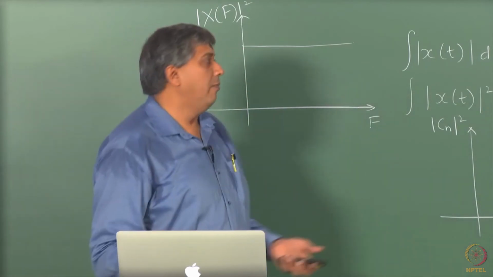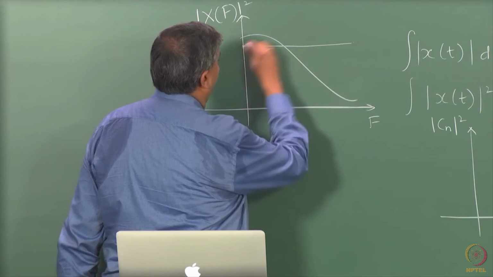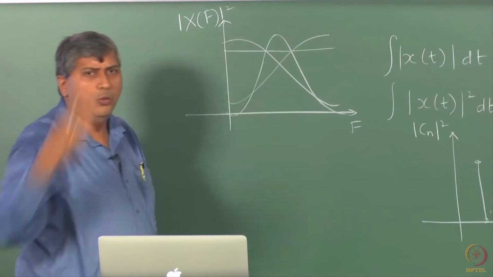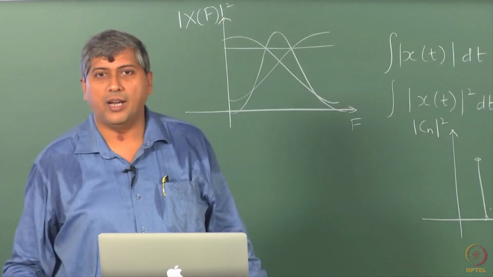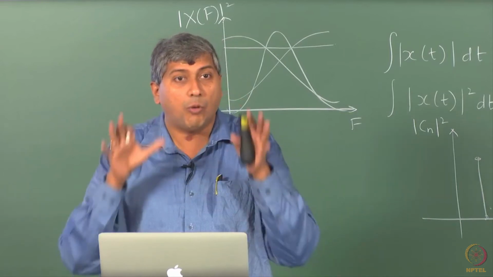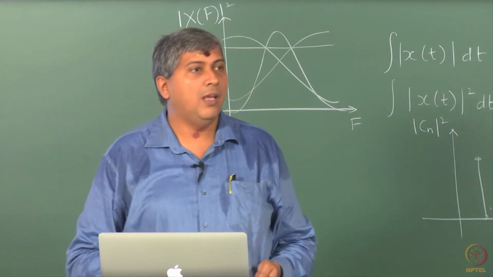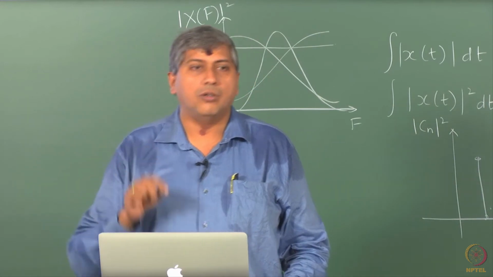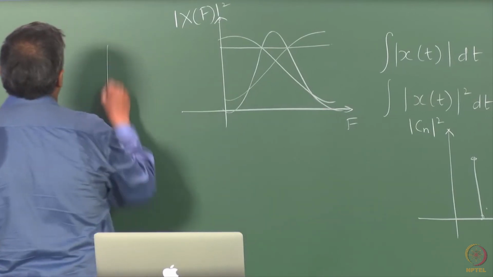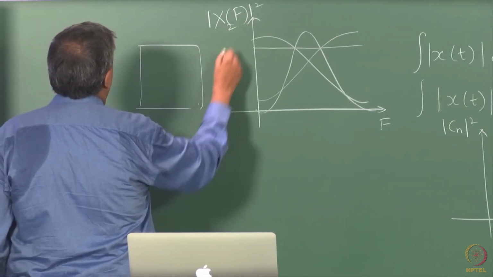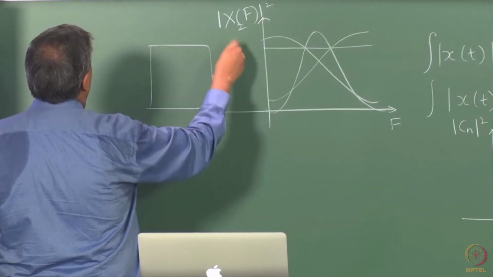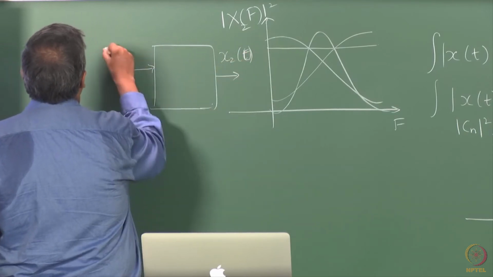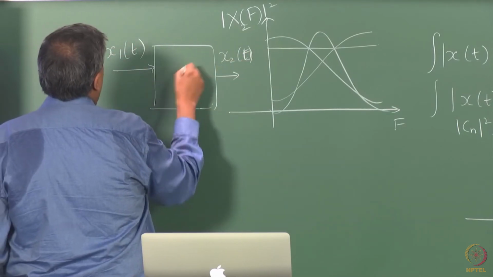And there are many other possibilities. You could have a density function that looks like this, or maybe this one. So there are numerous types of density functions that you can have, depending on the frequency content of the signal, what makes up the signal. And remember, ultimately there is no signal without a system. So very soon we will talk about this: if this is the density of some signal x2, we may talk about this in the discrete domain, but it does not matter, the results are the same.